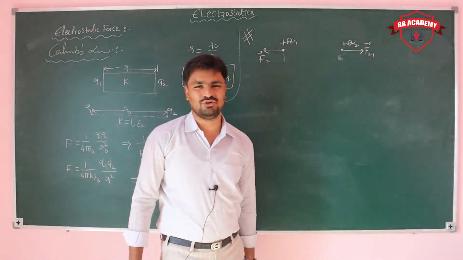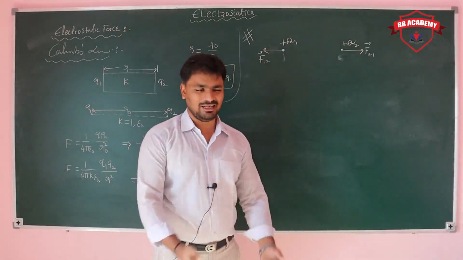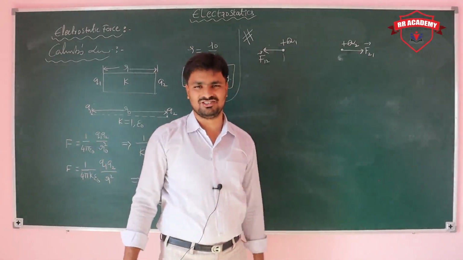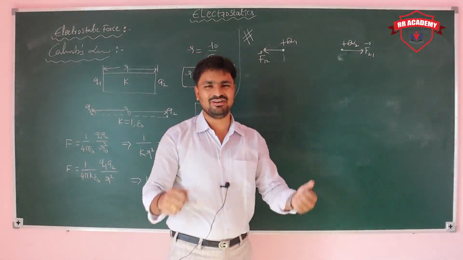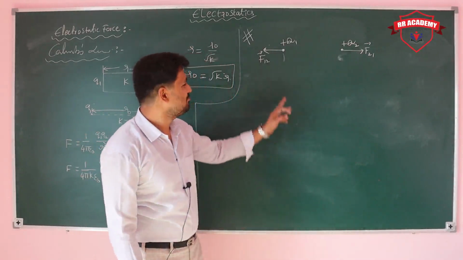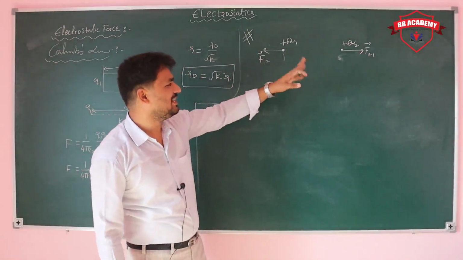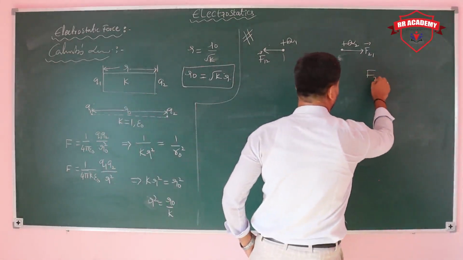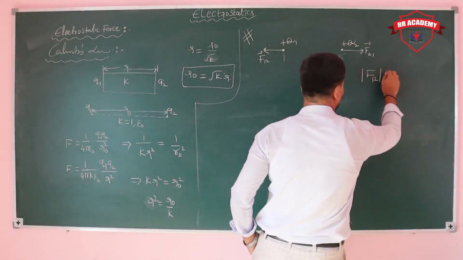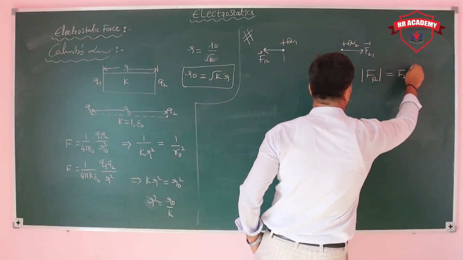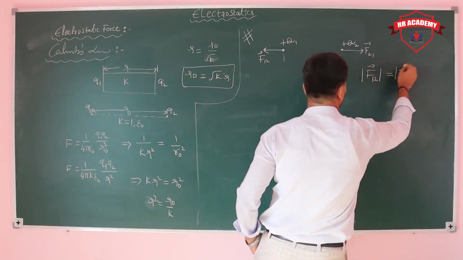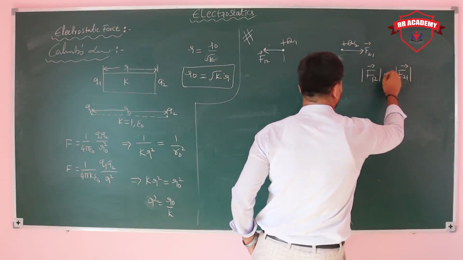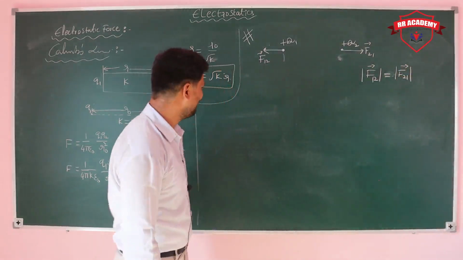Repelling means the force is acting away from each other. So we take them as F12 and F21. F12 and F21 are equal in magnitude but opposite in direction to each other.